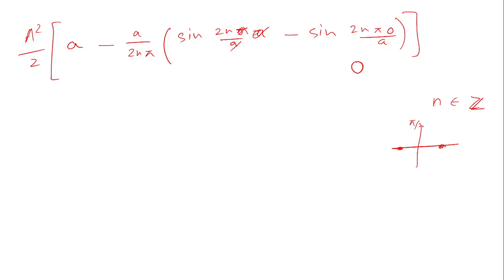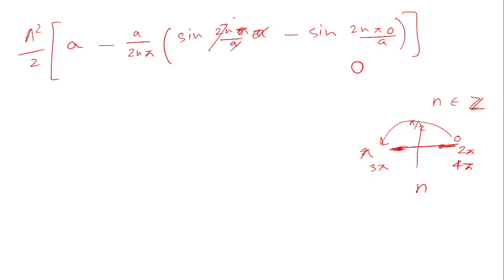This is pi by 2, this is 0, this is pi, and then this becomes 2 pi. Then if we go further, this will be 3 pi, this will be 4 pi. So whatever be the value of n here, the sine will always be 0, because it will either be lying here or here.